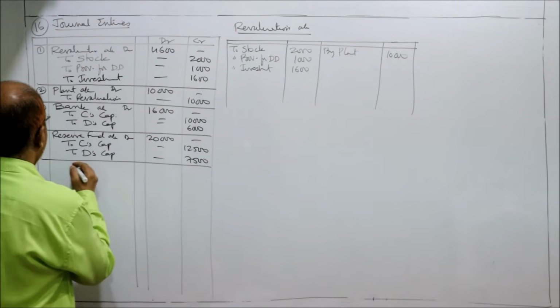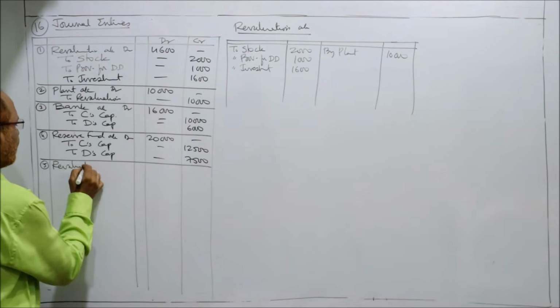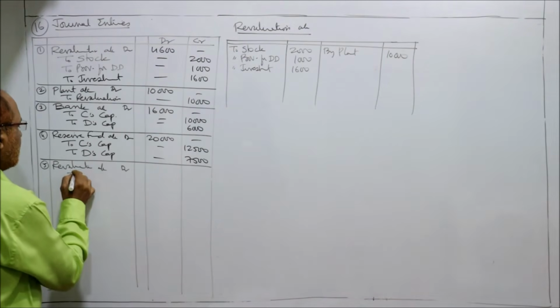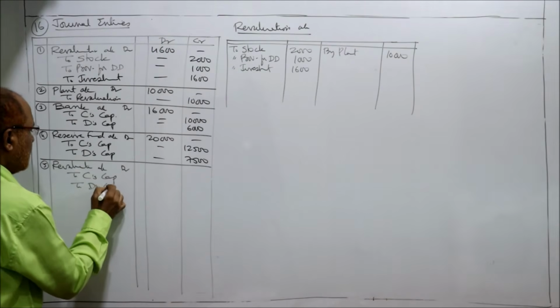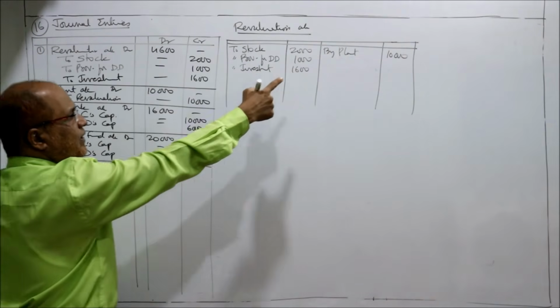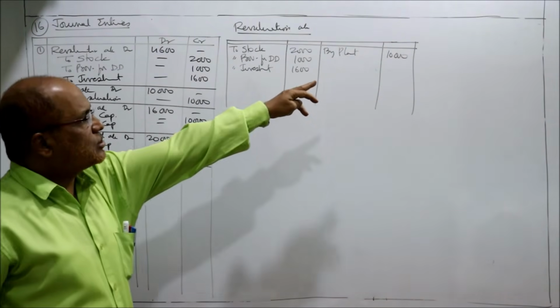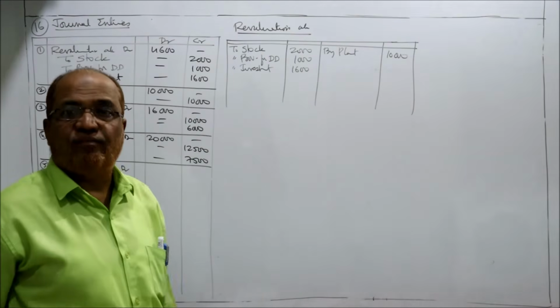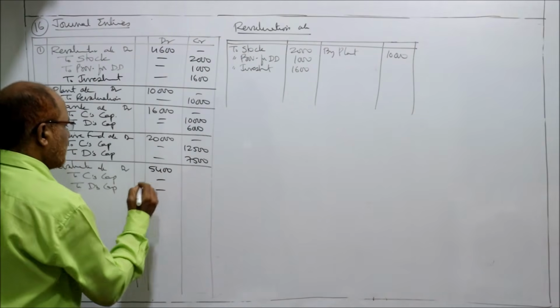So entry will be revaluation account debit to C's capital, to D's capital. So how much is the profit? 10,000 minus 4,600, 5,400. So 5,400 is the revaluation profit.